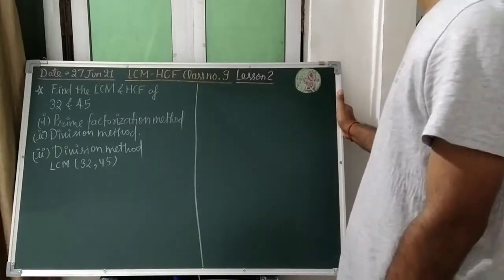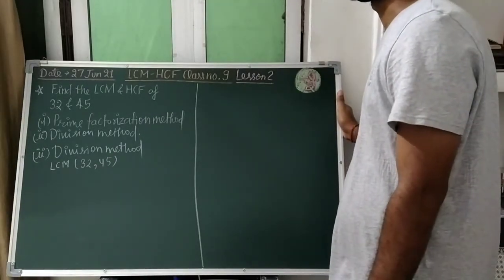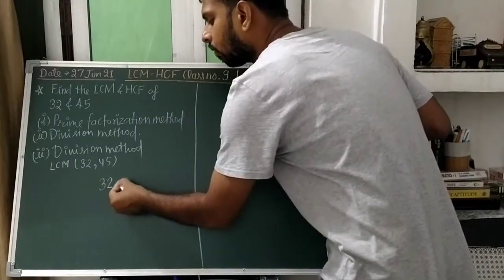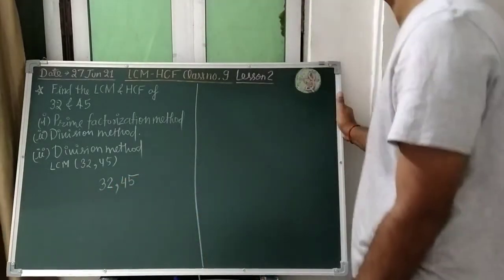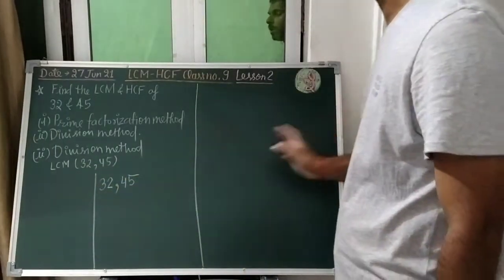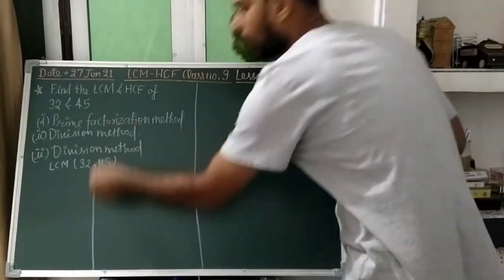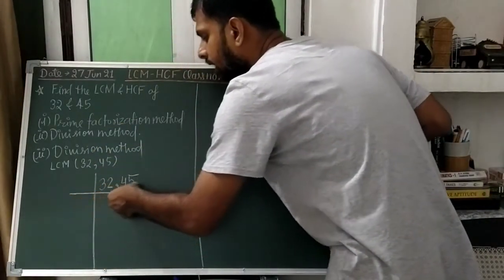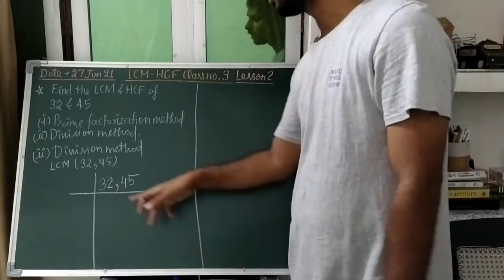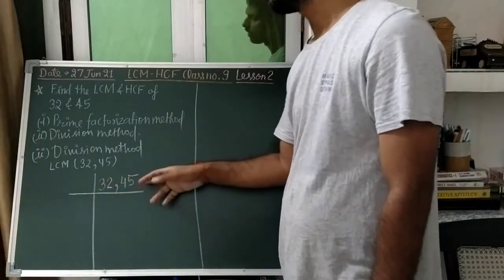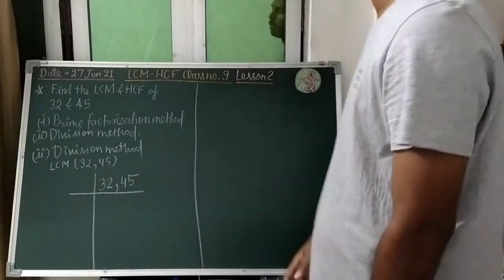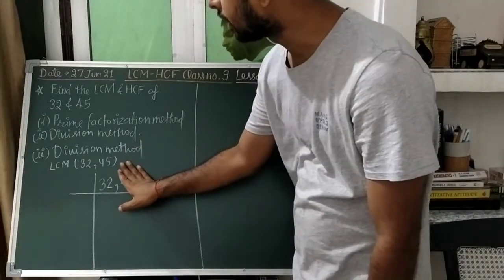Students, in the division method, whatever numbers are given to us, here the two numbers 32 and 45, we shall select all of them, and we'll draw a vertical line and divide it with horizontal lines. 32 and 45 are both composite, so at a time we shall select one number.